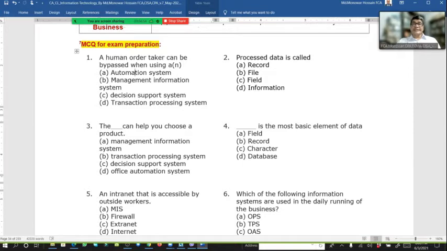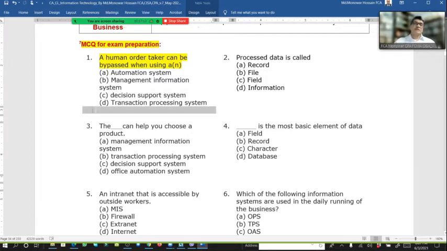So the critical problem is that if you do not answer the right one, you would lose the marks. A human order taker can be bypassed when using what? Automated system, management information system, decision support system, or transaction processing system. What would be the answer? A, B, C, or D?